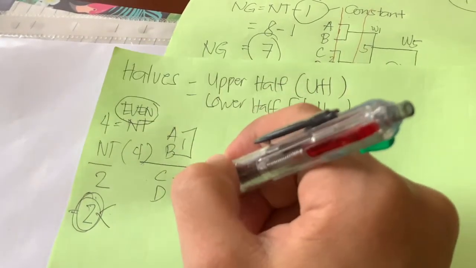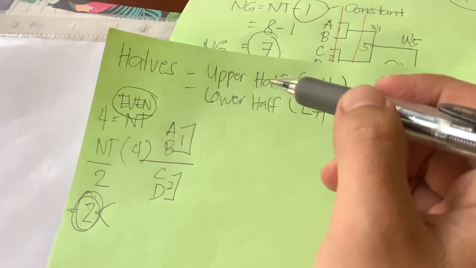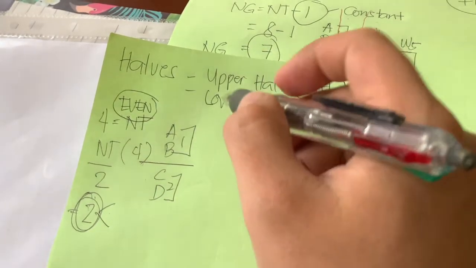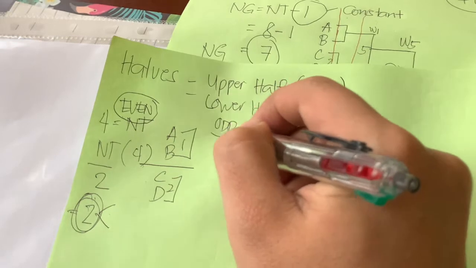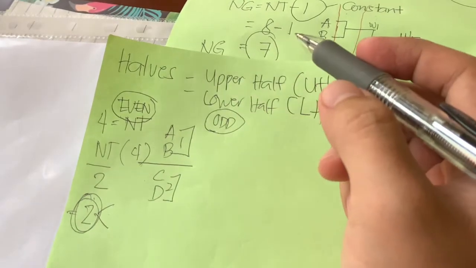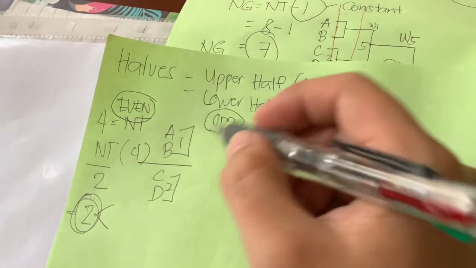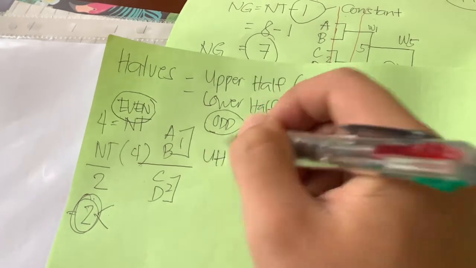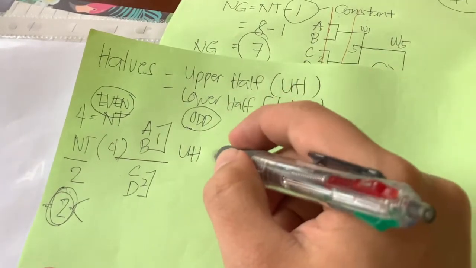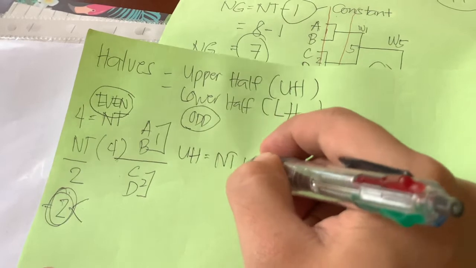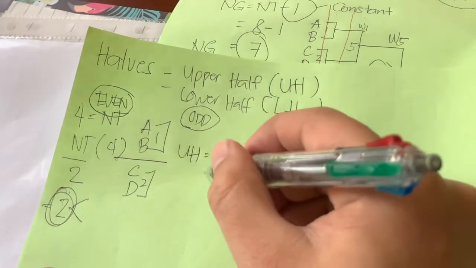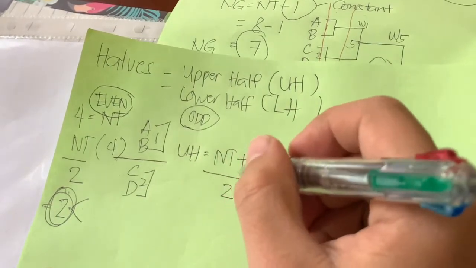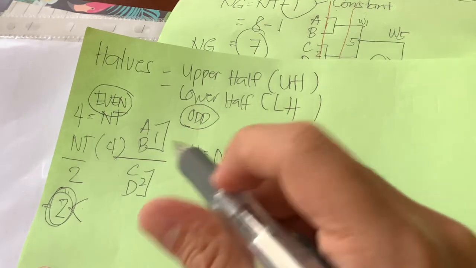Game 1, game 2. If it is an odd number, it applies a little different rule. Okay? So for upper, take note of this. For upper, we are following number of teams plus 1 divided by 2. The 2 here is constant.